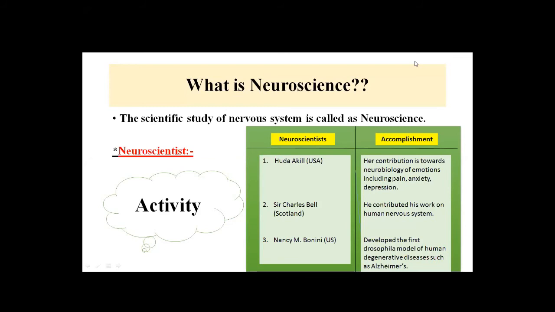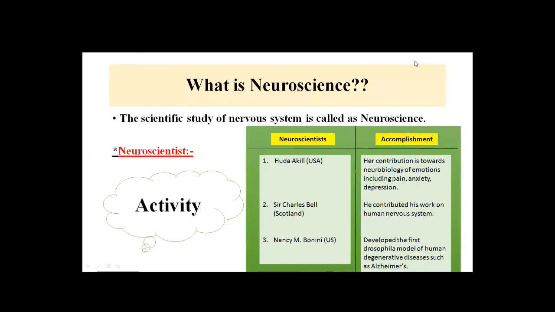And the third is Nancy Bonini from the US, and her accomplishment is to develop the first Drosophila models of human neurodegenerative disease. Degenerative disease means भूलने की आदत, जिनकी याददाश्त कमजोर होती है. Degenerative disease such as Alzheimer's.